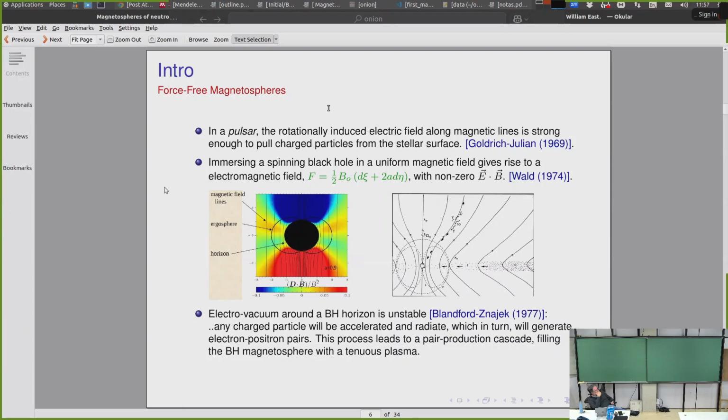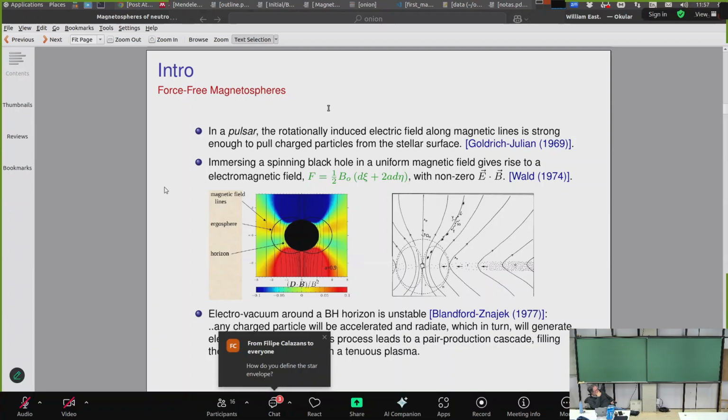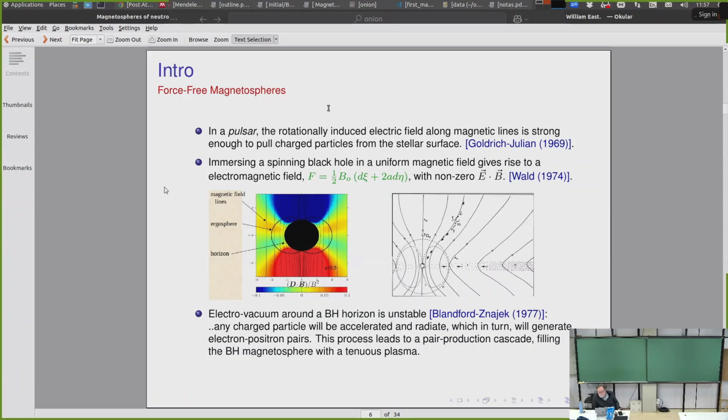And one of the main conclusions is that force-free electrodynamics is still a very good approximation for most of the magnetosphere, except for some small regions where there is not enough plasma, for instance, and you are producing particles, plasma.